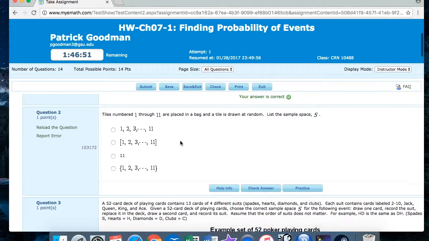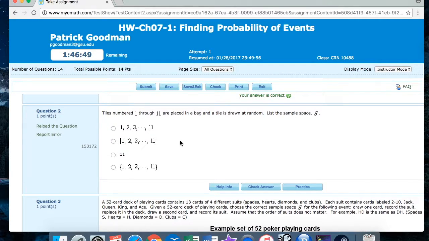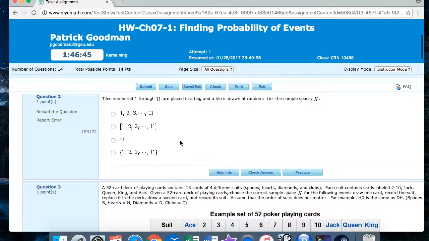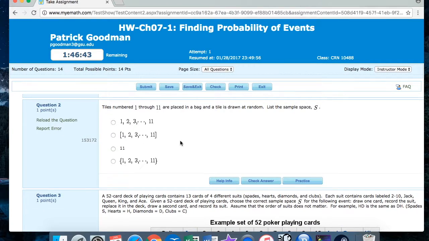Okay, so now let's do a sample space problem. These can be pretty annoying, but they're not way too terrible. Here we just have some tiles numbered 1 through 11, and we want to list the sample space S. A sample space is going to look something like this. You're going to have these curly braces around it.